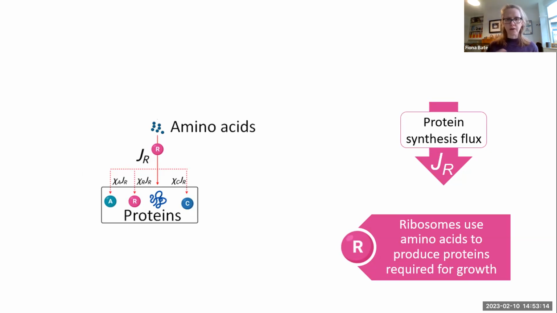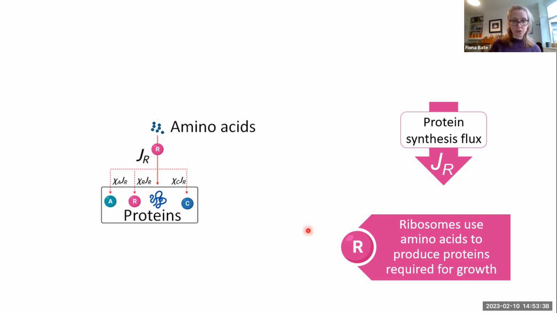Then if there is a lack of amino acids, then ppGpp will inhibit the production of ribosomes. And in a similar way, the cyclic AMP will regulate which proteins are made and in which quantities, depending on the growth conditions.